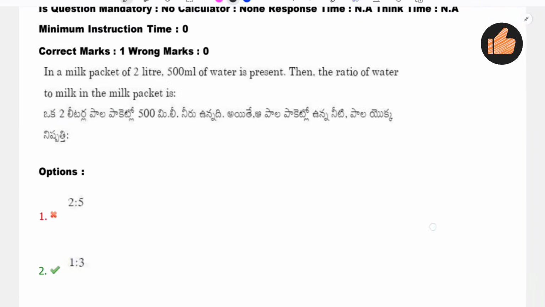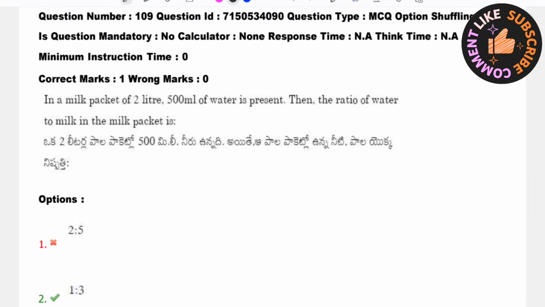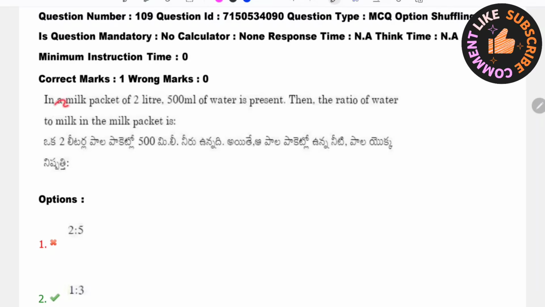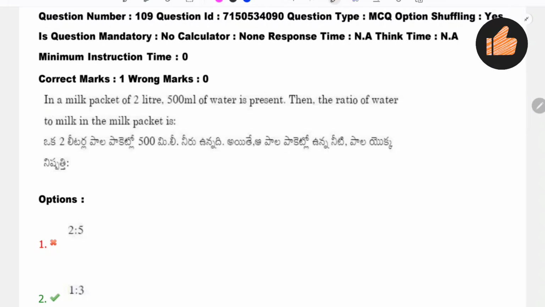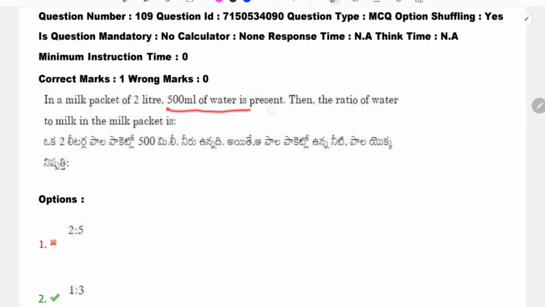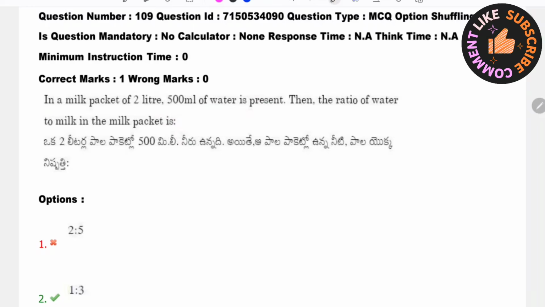Anyway, now we continue to the next question. In a milk packet of 2-liter capacity, 500 ml of water is present. Then out of 2 liters, 500 ml is water. So you should not confuse here.